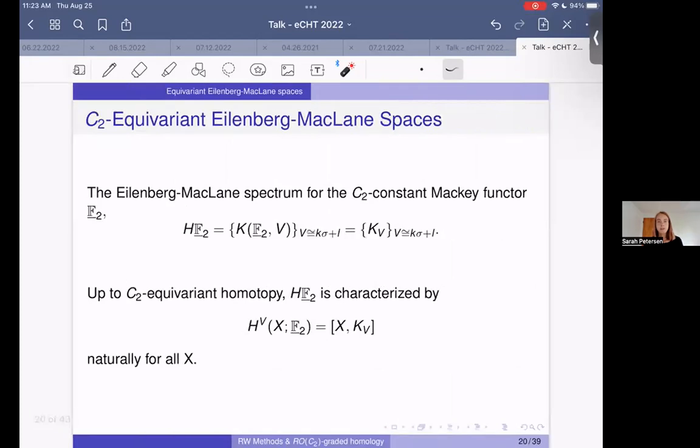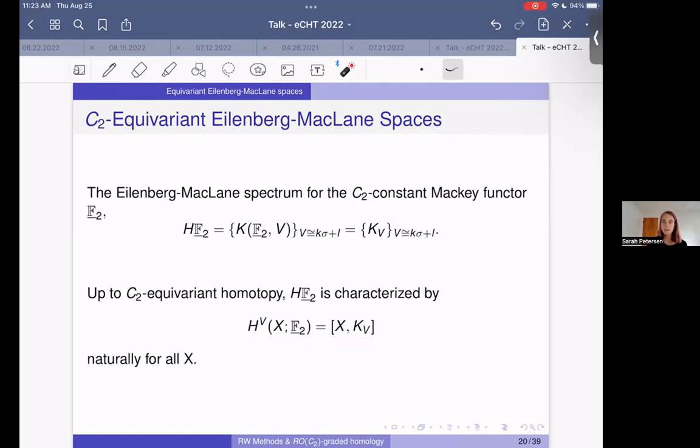So our goal is to be talking about C2 equivariant Eilenberg-MacLane spaces, and similarly to the non-equivariant case, there is also an Eilenberg-MacLane spectrum for the C2 constant Mackey functor F2. And this spectrum has spaces K_V, where V is now indexed over sign and trivial representations, and up to C2 equivariant homotopy, the cohomology of a space X is equivalent to the homotopy classes of maps into K_V.